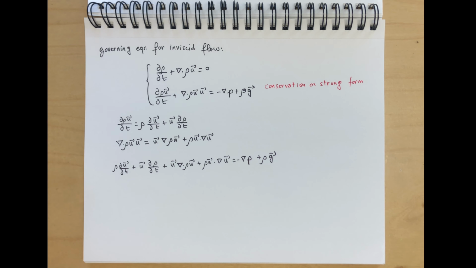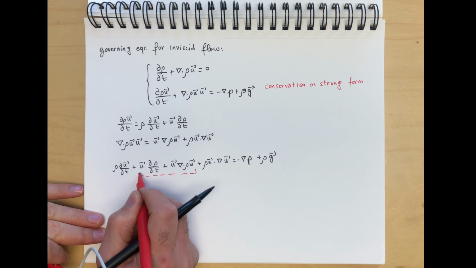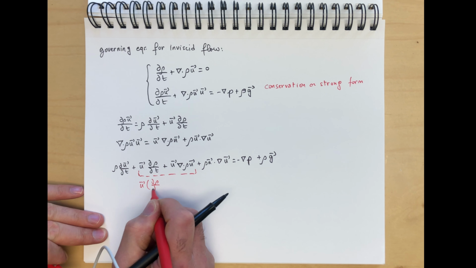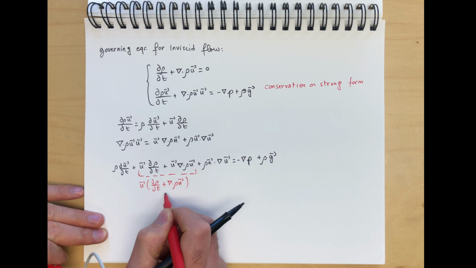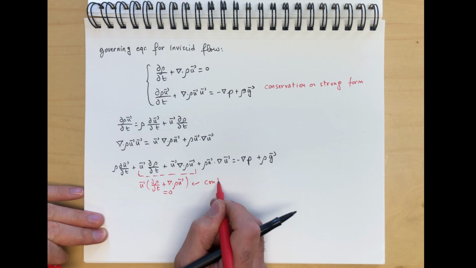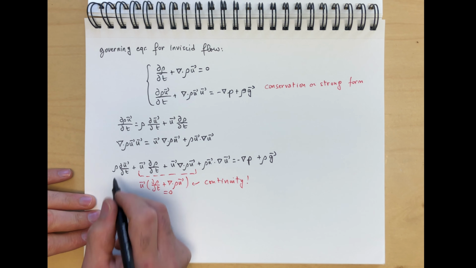Now what do you notice? That if we collect these two terms together and factor out u, this is partial rho by partial t plus div rho u, that's equal to 0 because this is continuity. So that we get what we call the weak form of the equations.